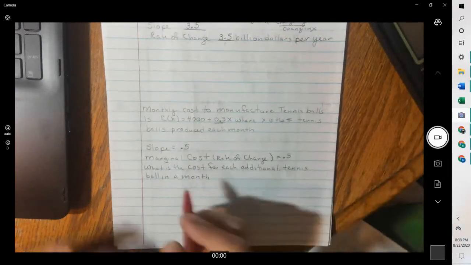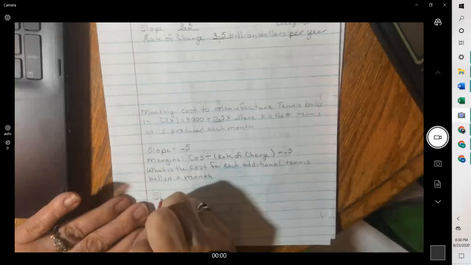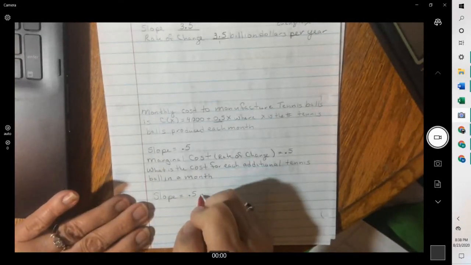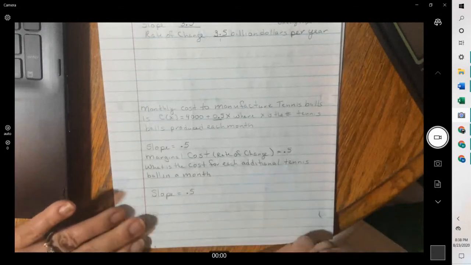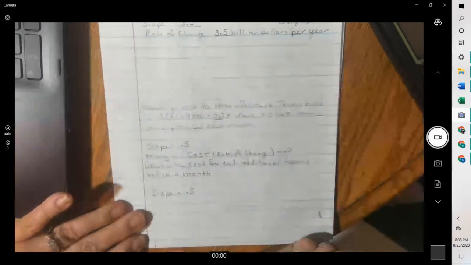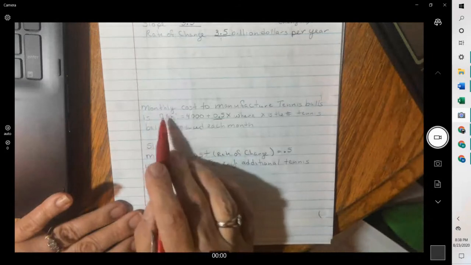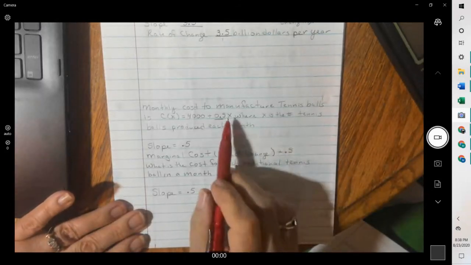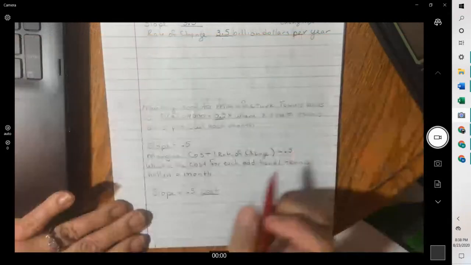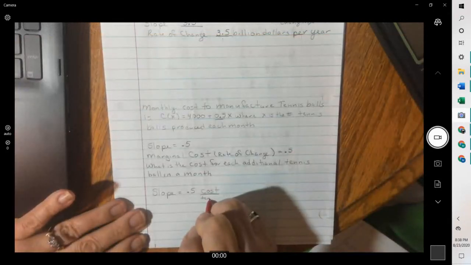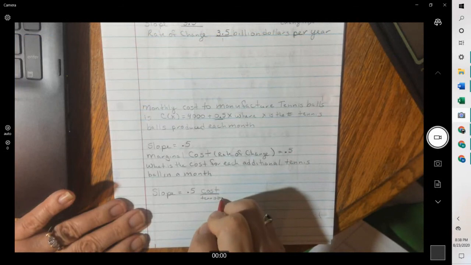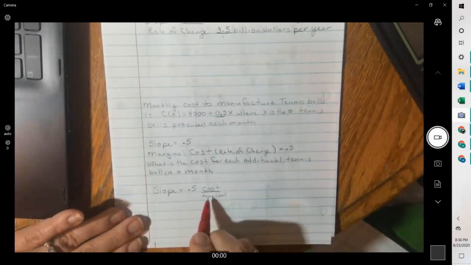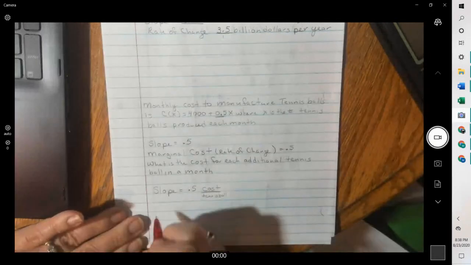Well, what this is telling you, the slope, is our change in y over our change in x. Our y is cost, and our x is tennis balls. So the cost goes up 50 cents for each tennis ball.